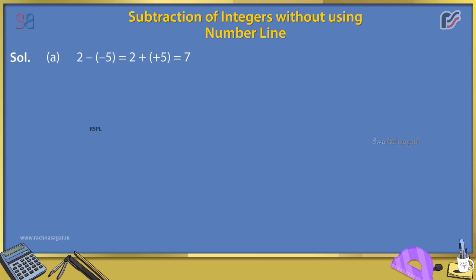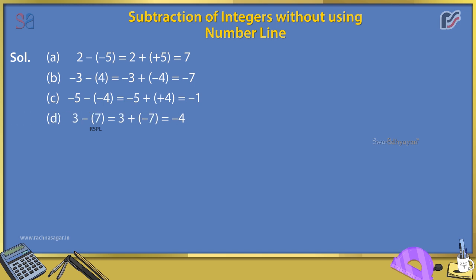Solution: a. 2 minus (−5) is equal to 2 plus (+5), which is equal to 7. b. −3 minus (4), which is equal to −3 plus (−4), which is equal to −7. c. −5 minus (−4), which is equal to −5 plus (+4), which is equal to −1. d. 3 minus (7) is equal to 3 plus (−7), which is equal to −4.